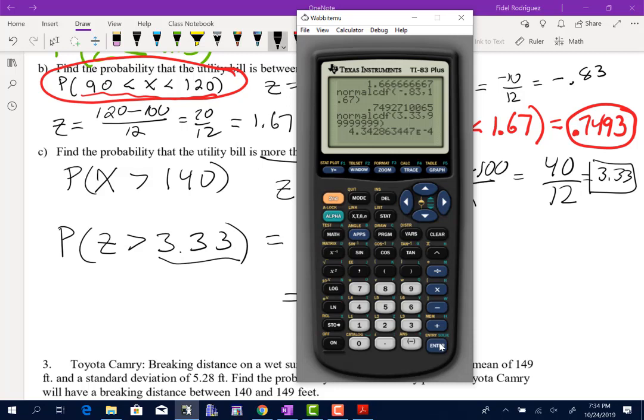So let me ask you a question. How many numbers do I have to the left right now? 1. And if I need to move a total of 4 spaces, how many zeros would I have to add? 3. So wouldn't we go point 1, 2, 3, and then the 4? And are we coming up with the same answer? Yeah. Same thing, Jelly Bean. Right?